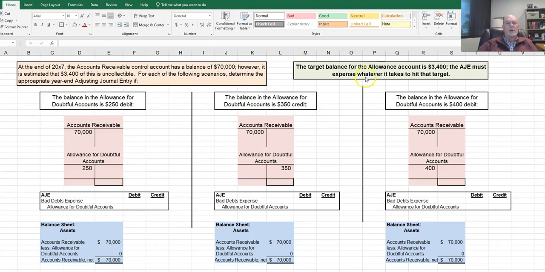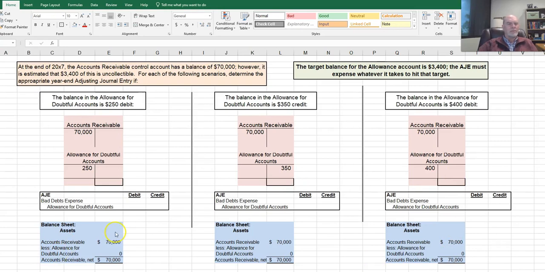So that means that the target balance for the allowance account is $3,400.